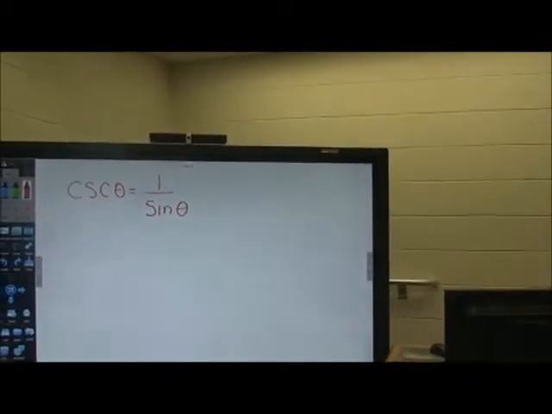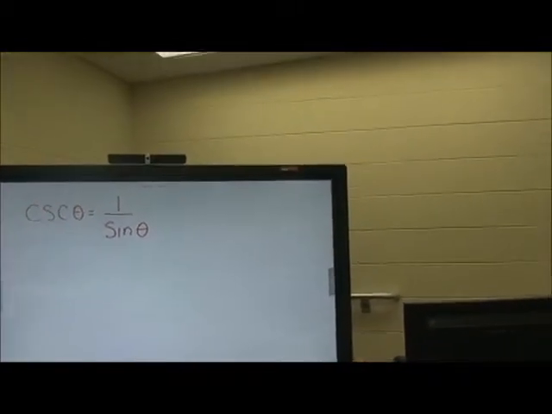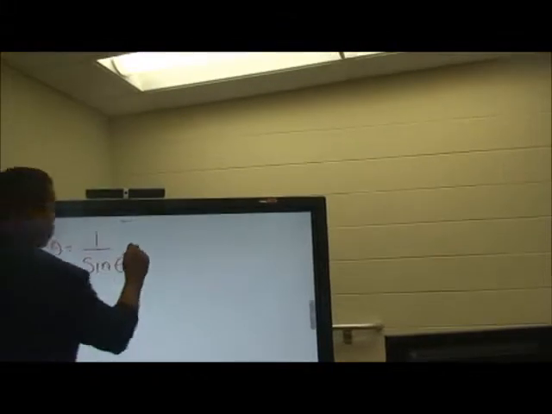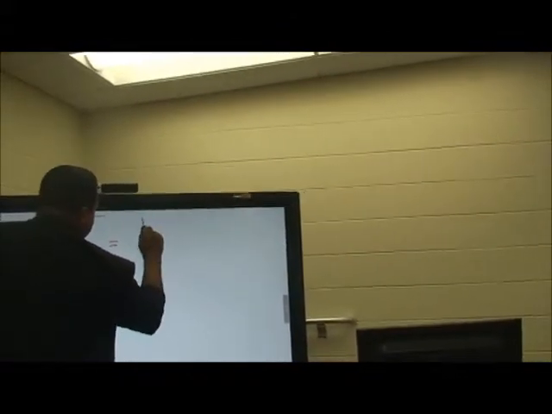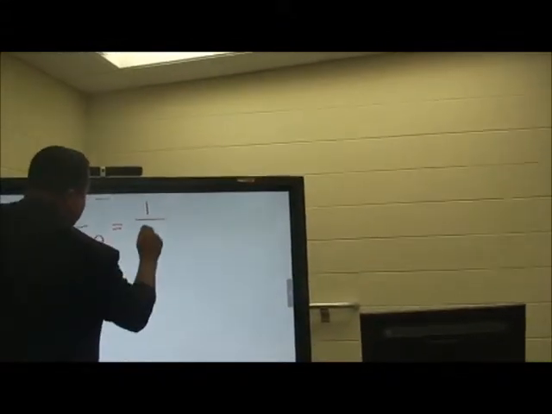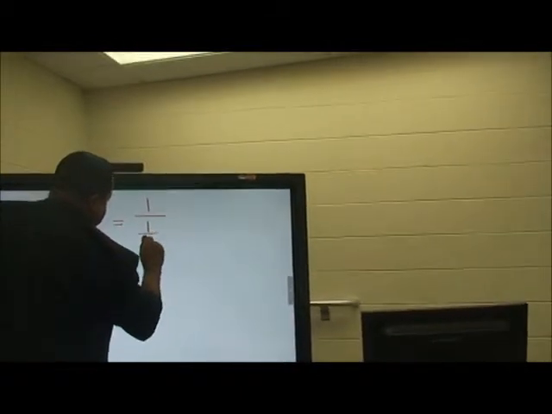So what is sine theta? Remember, it'll be 1 over sine theta, which is 1 over 5.